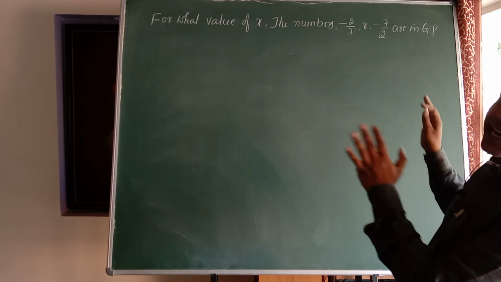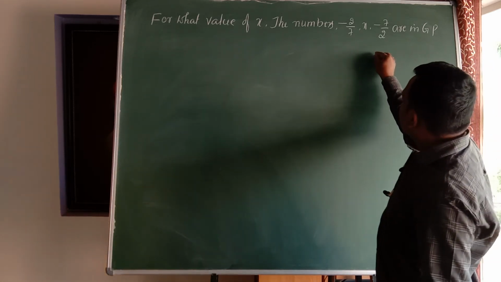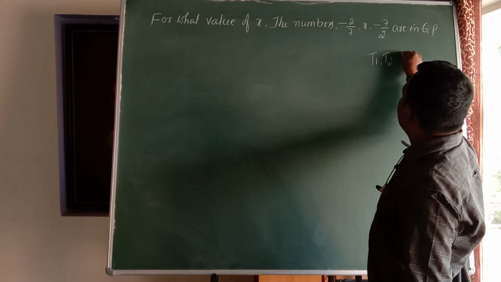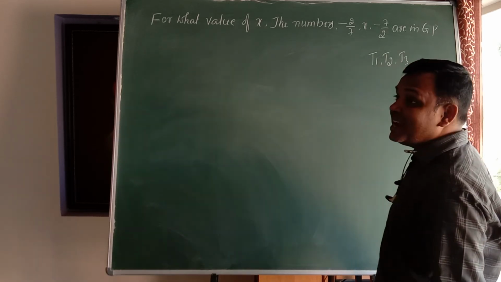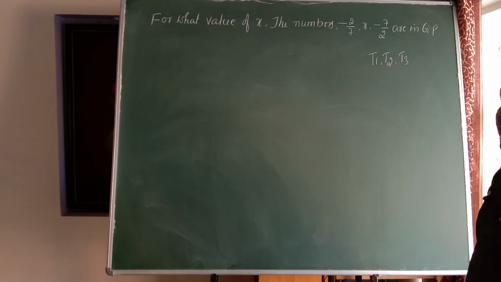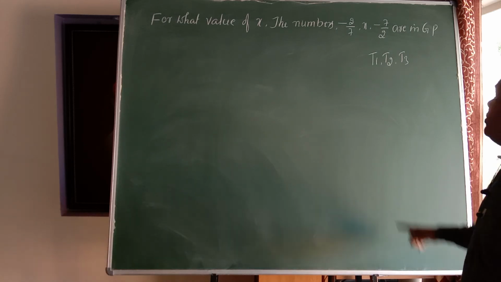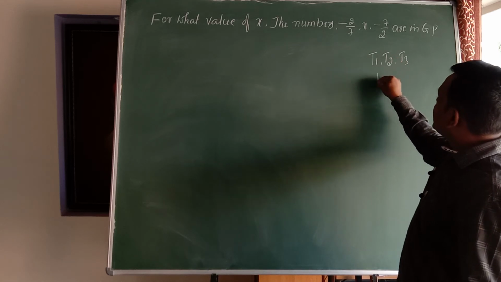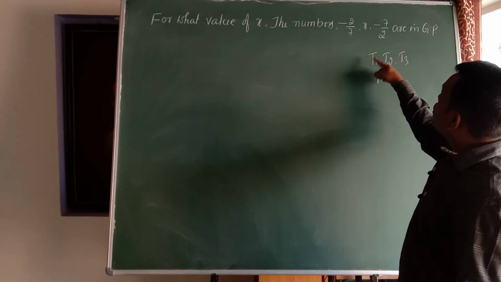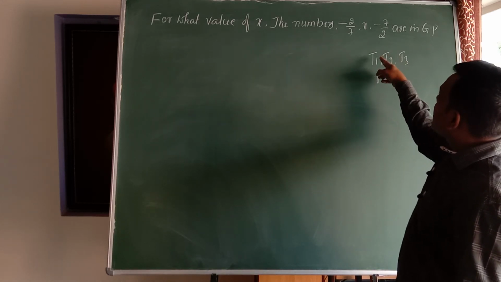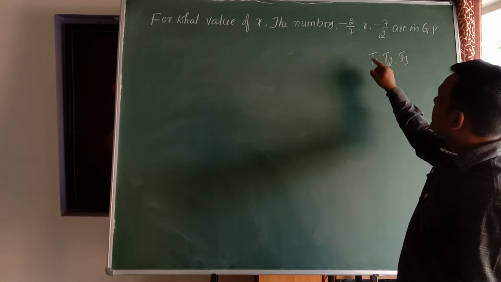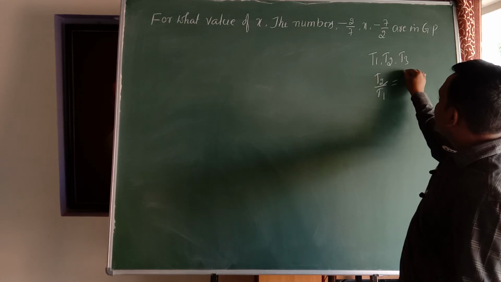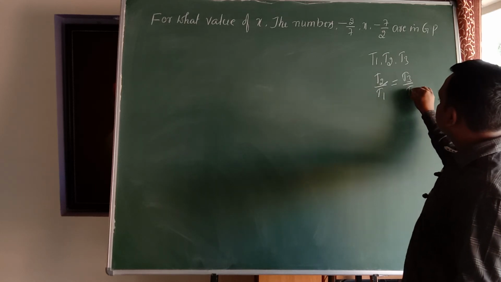Here we have three terms, T1, T2, T3. When three terms are in GP, we can write like this: the ratio between any pair of succeeding term and preceding term remains constant. Nothing but T2 by T1 is equal to T3 by T2.